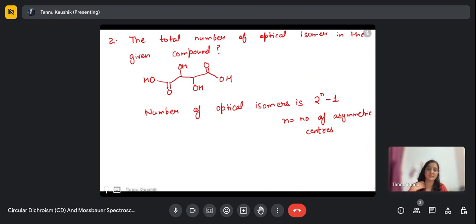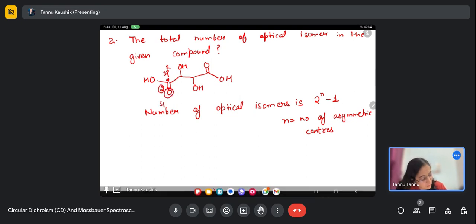Four, ma'am. No. So here we see this is sp2 hybridized. So here its two bonds are already occupied by these oxygen atoms.